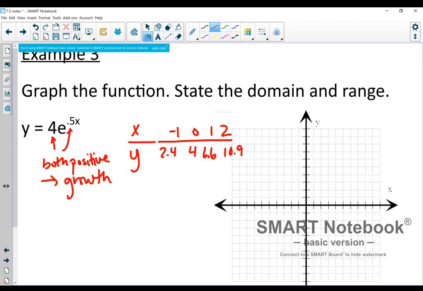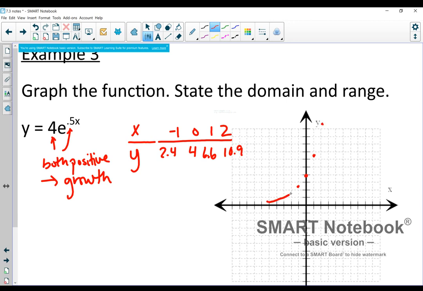So now I'm just going to go ahead and graph these as best I can. So negative 1 is between 2 and 3. If x is 0, y is 1, 2, 3, 4. 1 is 6.6, 4, 5, 6, about 6.5. And then 2 is almost 11.